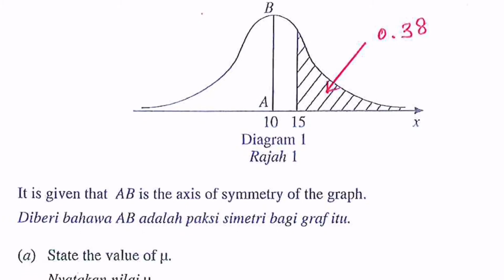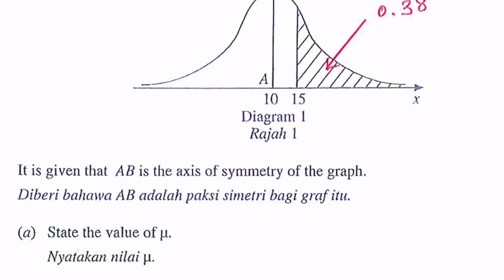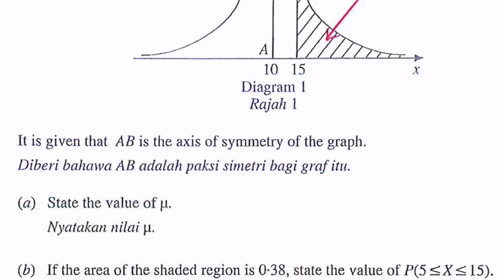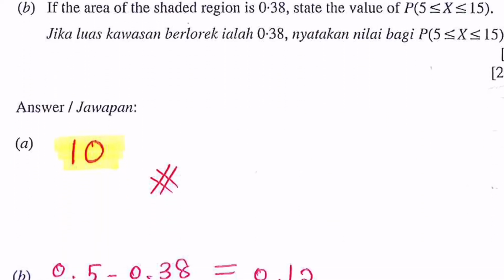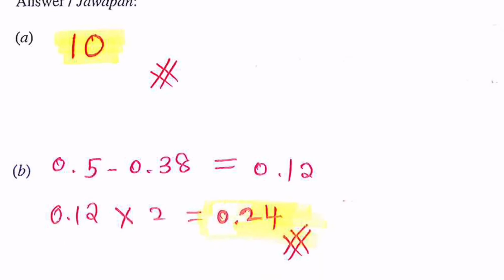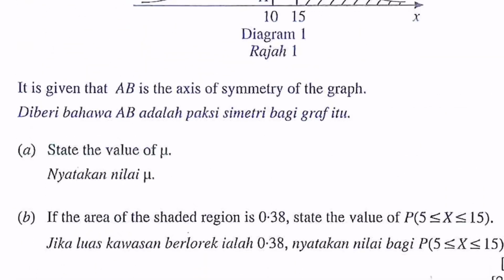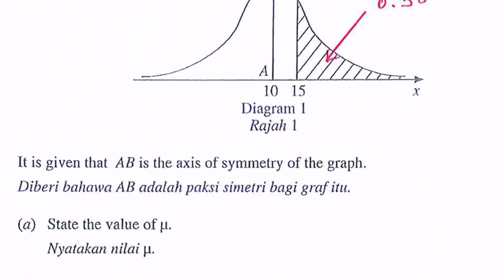So the first question A is very simple if you understand the concept of the variable x and variable z. Now we want to solve part B. The area of the shaded region is given as 0.38 and you are asked to find the probability for x from 5 to 15. So the answer is 0.12 times 2. How to get this answer?